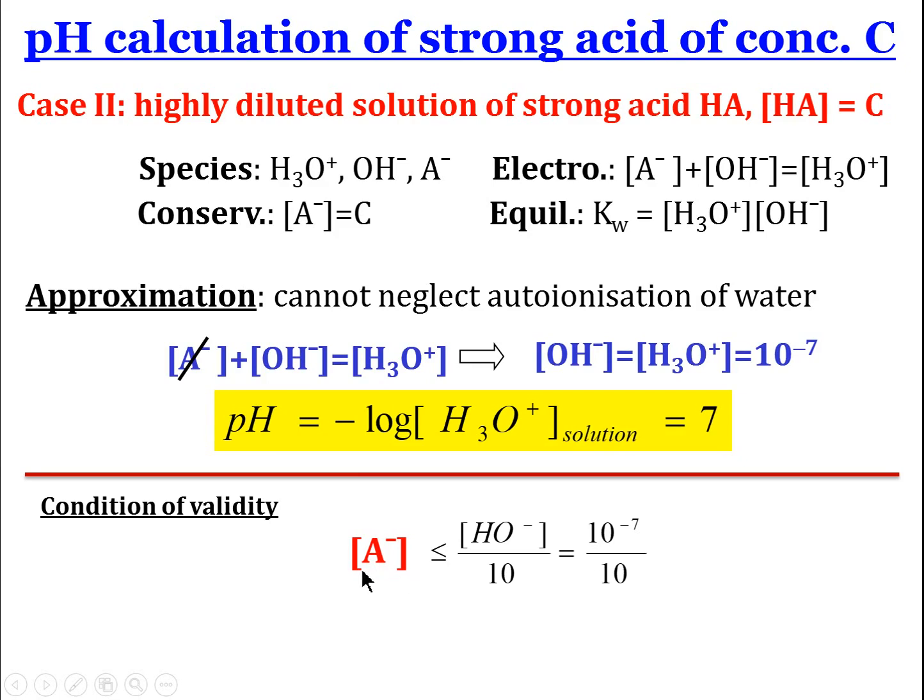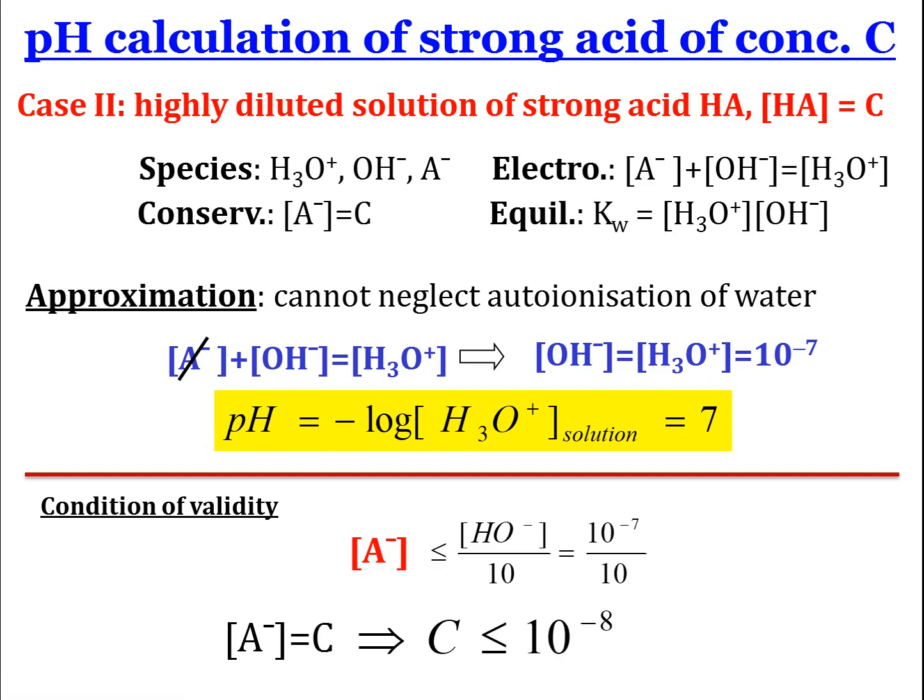So the concentration of A minus is less than 10 minus 8 molar. And since A minus equals C, the concentration of the acid is less than or equal to 10 minus 8 molar.